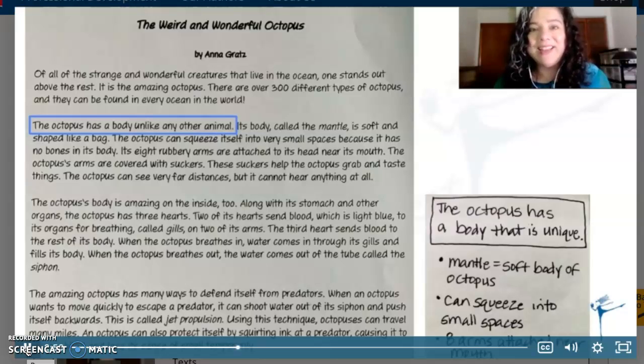Give it a try. It might sound something like, the octopus has a body that is unique. Its body is called a mantle, and it's soft, roundish, shaped like a bag. And did you know that the octopus can squeeze into really tiny spaces? And its 8 rubbery arms are connected near its mouth. Can you imagine if our arms were connected near our mouth?